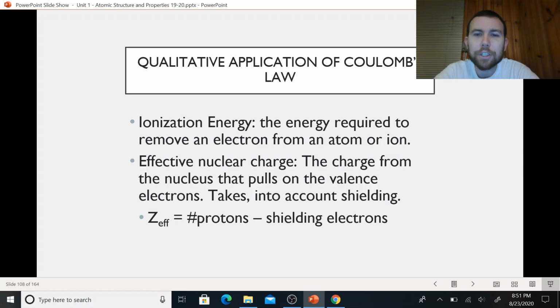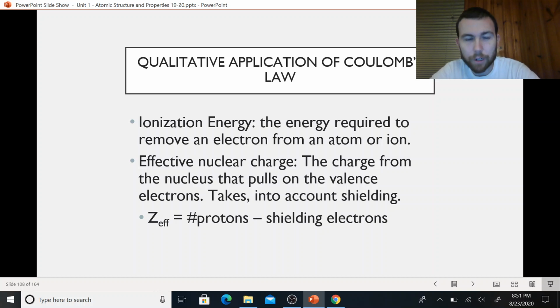Shielding is just a fancy way to talk about how the electrons in the electron cloud prevent one another from being attracted to the nucleus. The core electrons are actually going to shield the valence electrons from feeling the pull of the nucleus, because those core electrons tend to repel the valence electrons.